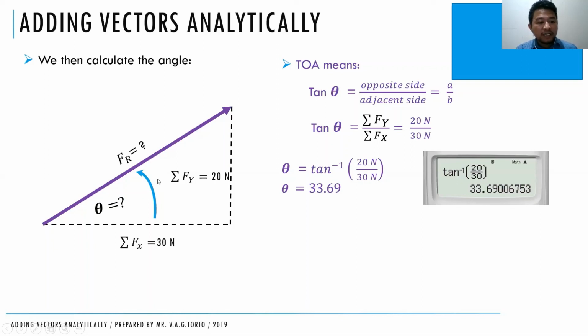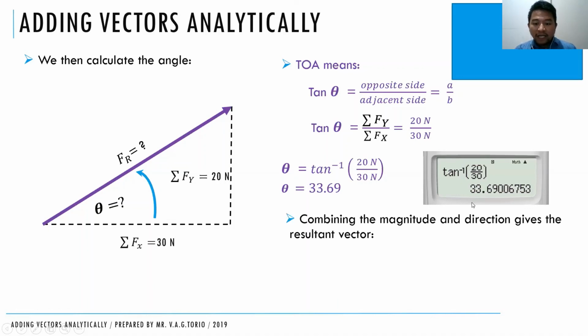Or we can also express the resultant vector using the direction east of north, which is essentially the complement of the given angle, 33.69 degrees. So that's 90 minus 33.69, which is around 56 point something degrees.